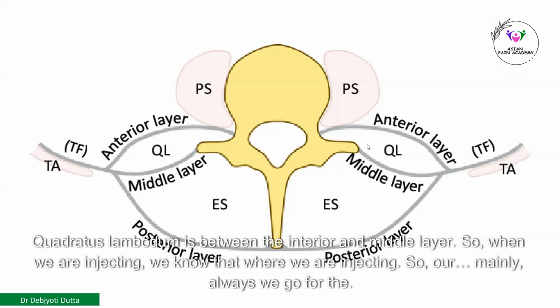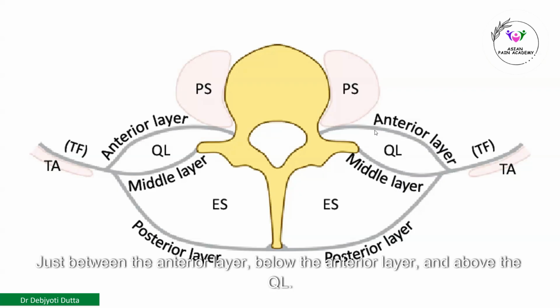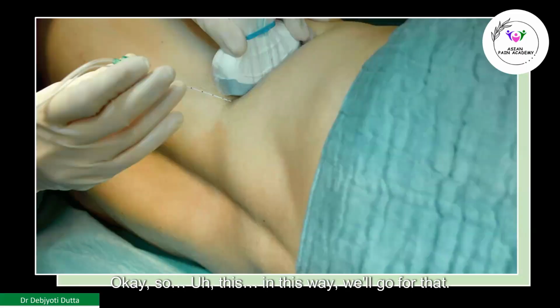Mainly we always go for the QL3 block, the transmuscular, trans-QL block. Our needle comes from the posterior side and enters just below the anterior layer and above the QL.